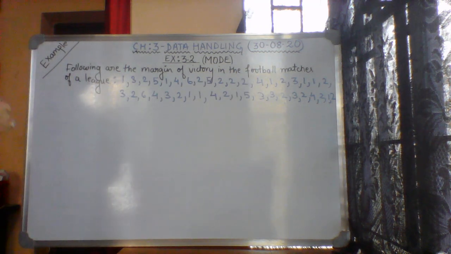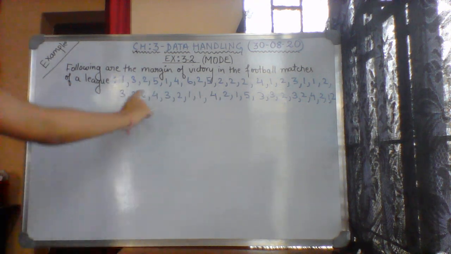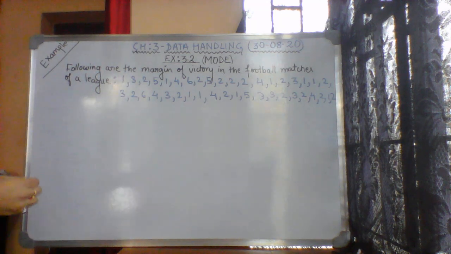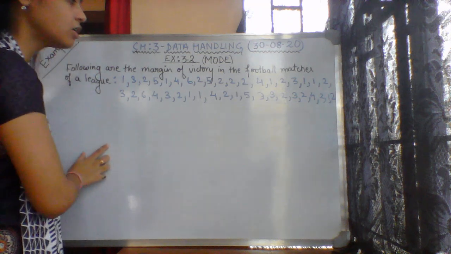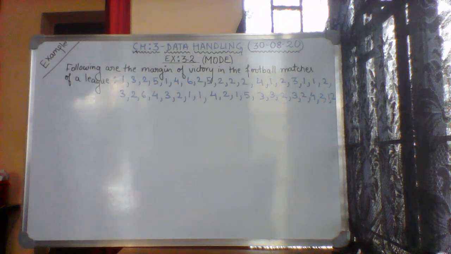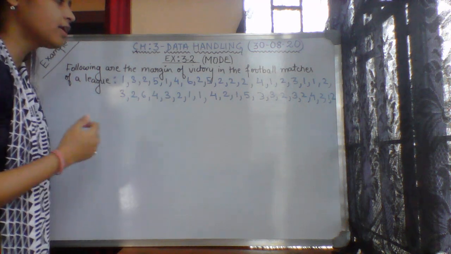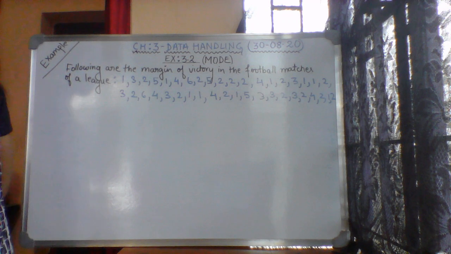So the margin of victory in the football matches has been given, and 40 numbers are there. So it will not be easy for us to arrange them in ascending or descending order. Obviously no. So here what we are going to do, as we have already learned how to do tally marks, we are going to use them.